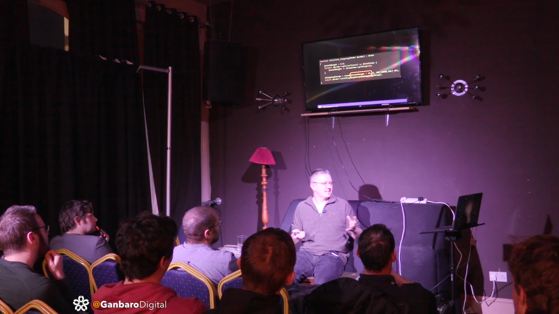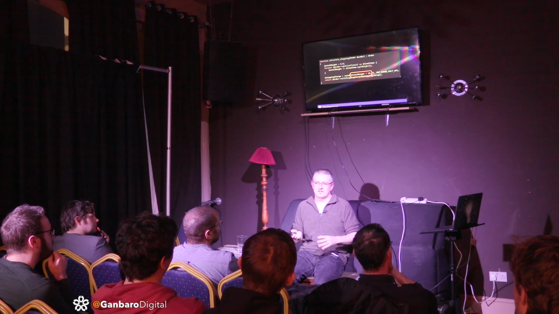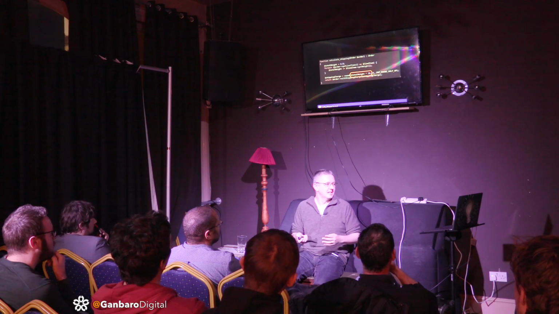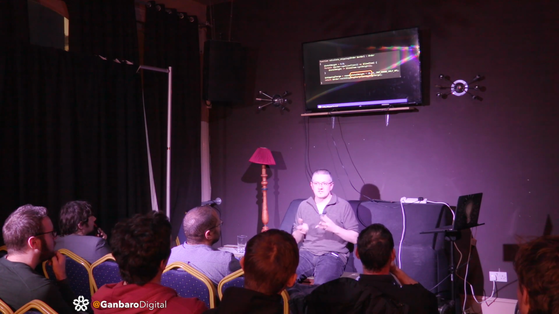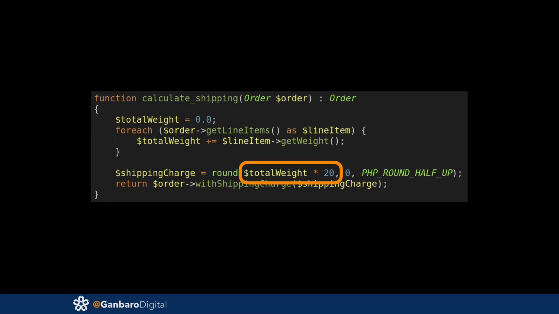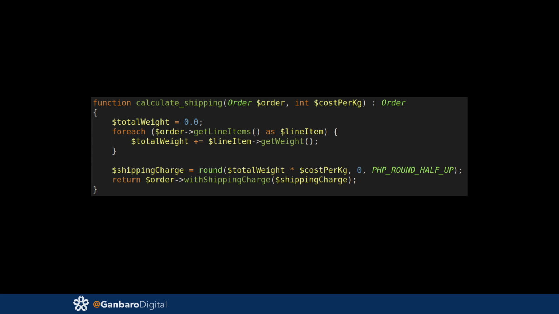But even if we could, let's say, get the total weight by calling a getter on order, for example, because you could argue the total weight isn't domain logic, it's entity logic. You'd still have to change the shape of this function to pass in how you calculate the cost.